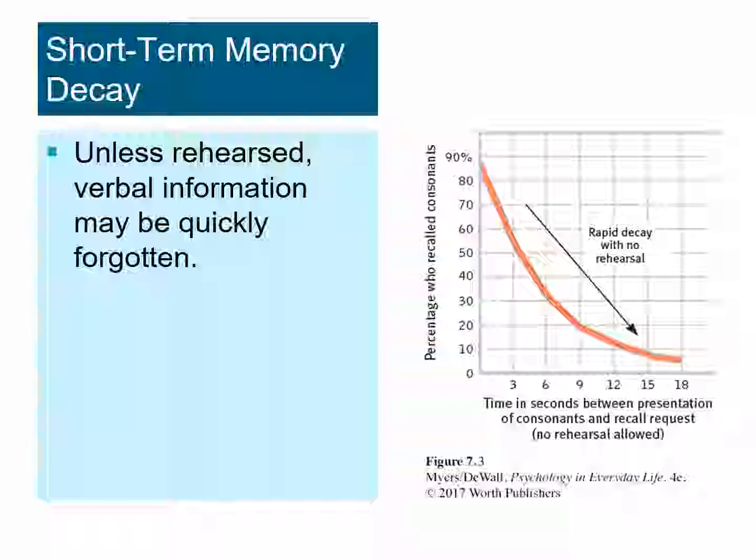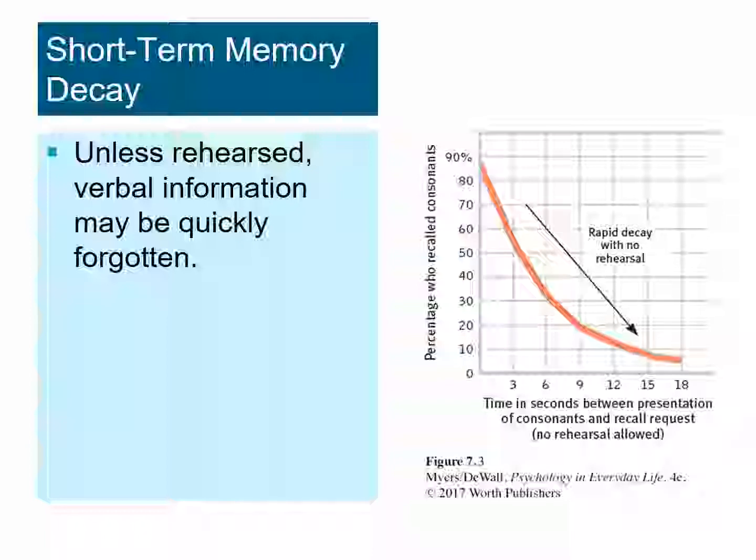So you look at this graph, along the x-axis you see time in seconds between the presentation of consonants and the recall request. So they gave them a consonant like C, and then they asked them to recall what they just told them. And then on the y-axis is the percentage who recalled the consonants correctly.